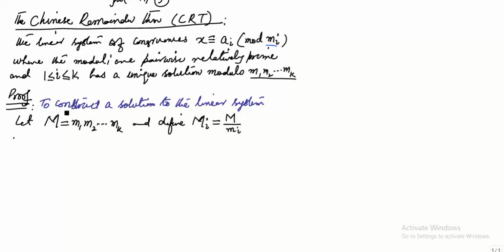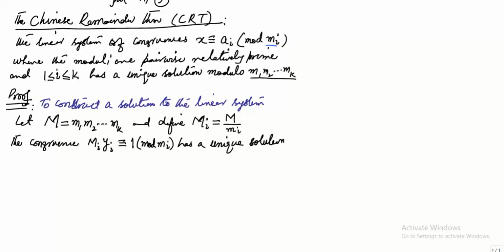Here we consider the congruence Mi times yi is congruent to 1 modulo mi, which has a unique solution since the GCD of capital Mi and small mi is 1 because they are relatively prime.